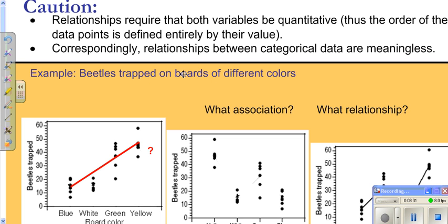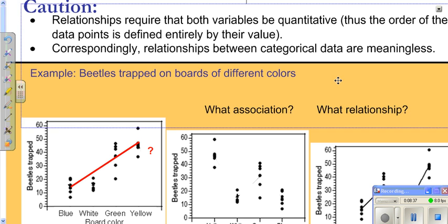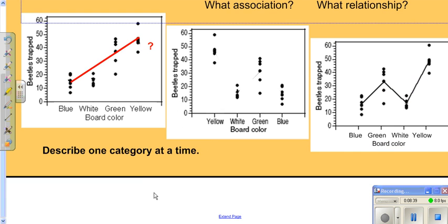Now, when you're dealing with scatter plots, you only want to make scatter plots out of quantitative data. It does not make sense to use categorical data here. So suppose you had a graph where you had categories on the horizontal and numbers going up here. Well, you might say, it looks like a positive association here. But since these are categories, they could really be arranged in any order you wanted.